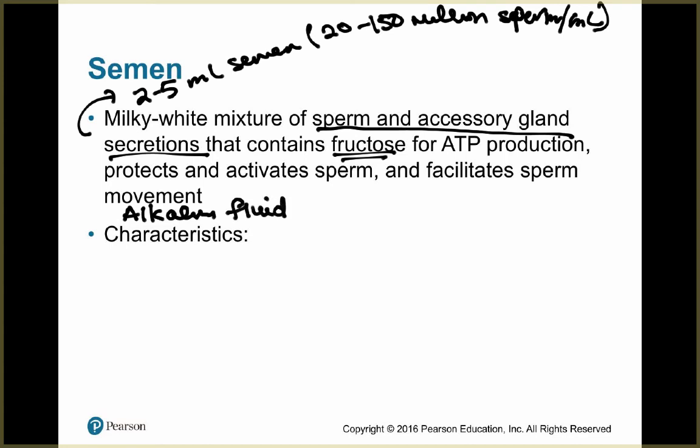Remember that you have a couple glands that are working together to make it that way. And that does twofold. It's going to basically neutralize the urethra in males, right? And remember, the male uses the urethra for the release of urine in combination with the release of sperm. So there's some urine that's left over there. So we want to be able to neutralize that out.